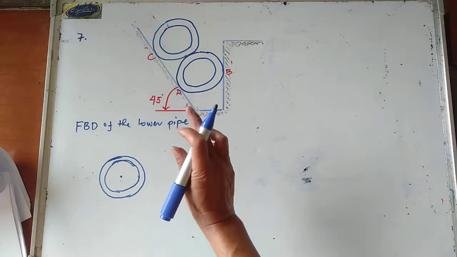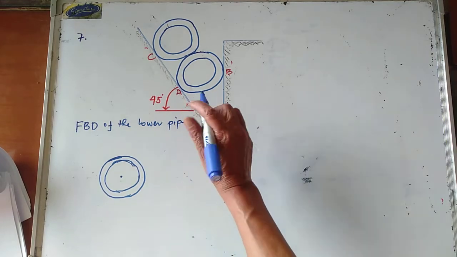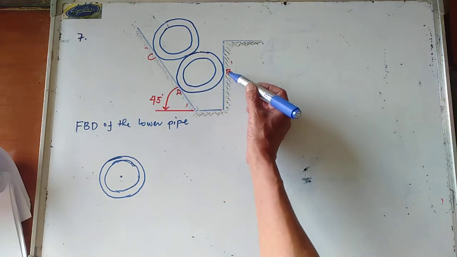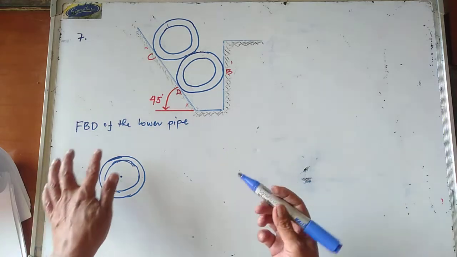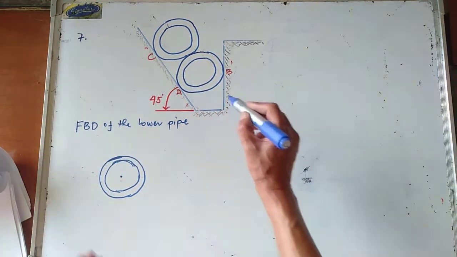Okay, let us try to draw now the reaction at contact point A and at contact point B. So let us try to draw the free body diagram of the lower pipe.